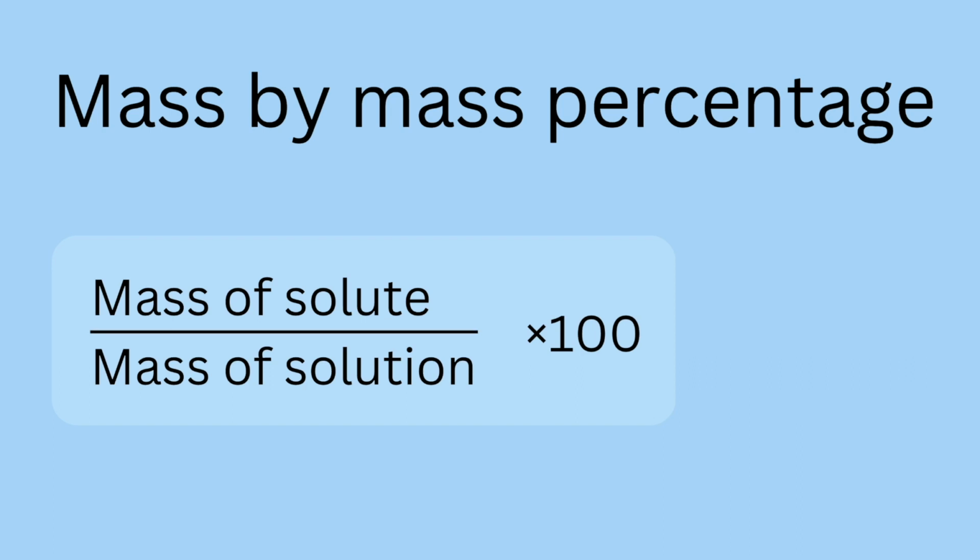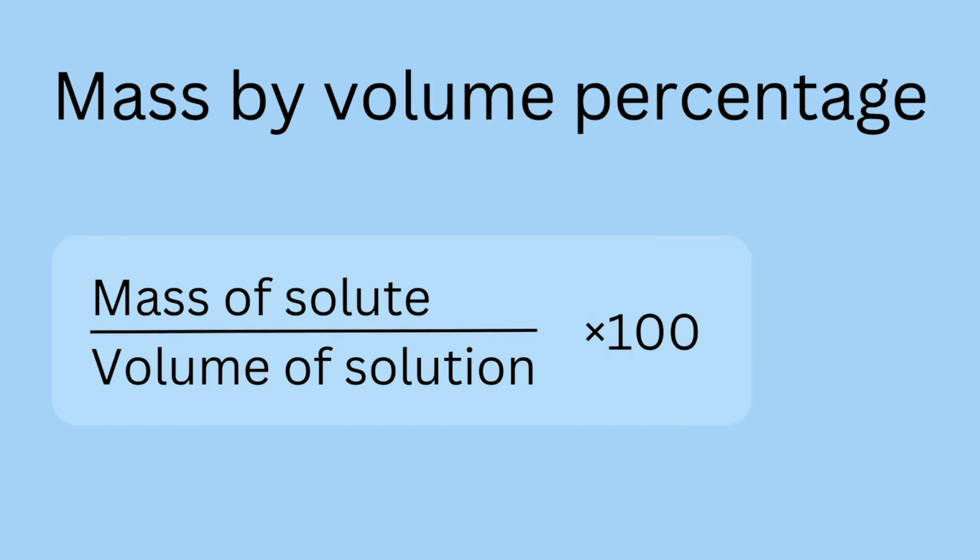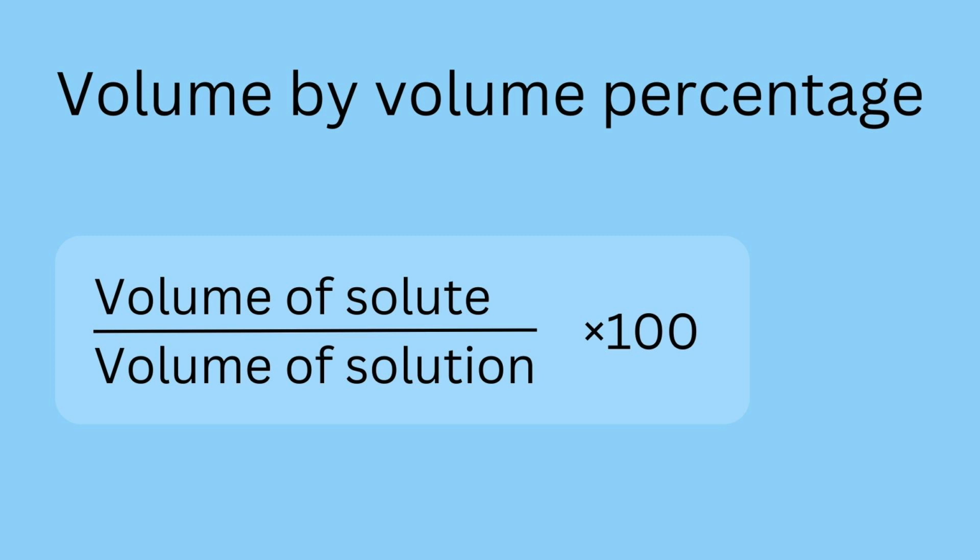Note this here: solute by solution, not solvent but solution. Solute by the entire solution into 100 is mass by mass percentage, and the other two are quite similar. Mass by volume percentage is mass of solute by volume of solution into 100. The last one, volume by volume percentage, is volume of solute by volume of solution into 100.